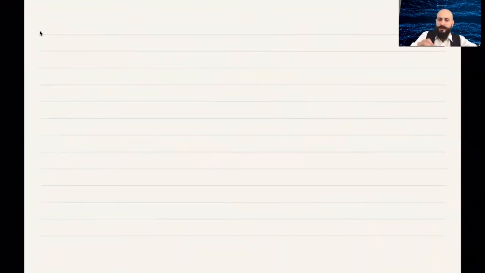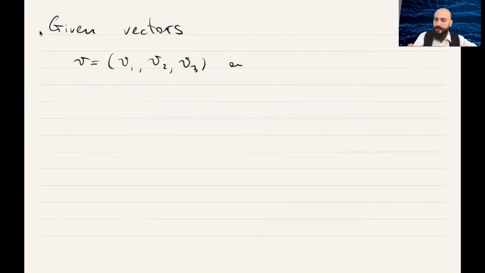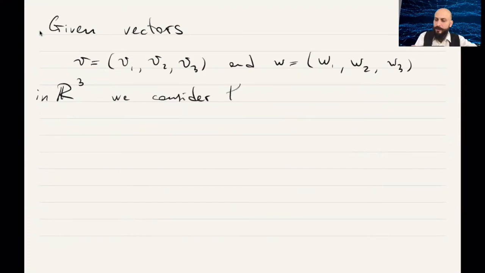So given vectors V equal V1, V2, V3, and W equal W1, W2, W3 in R3, we consider the linear product.